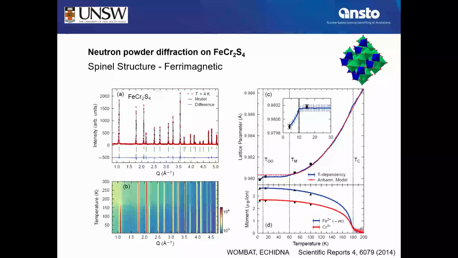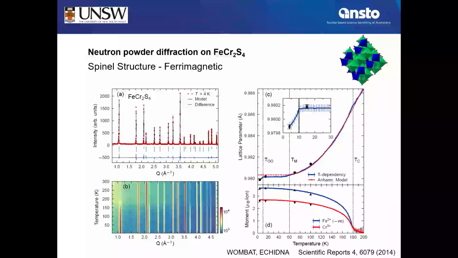This crystal structure is called a spinel, which has edge sharing octahedra and tetrahedra in green and blue. And the centers of the octahedra and the tetrahedra contain iron and chromium. Both are magnetic, have magnetic spins.